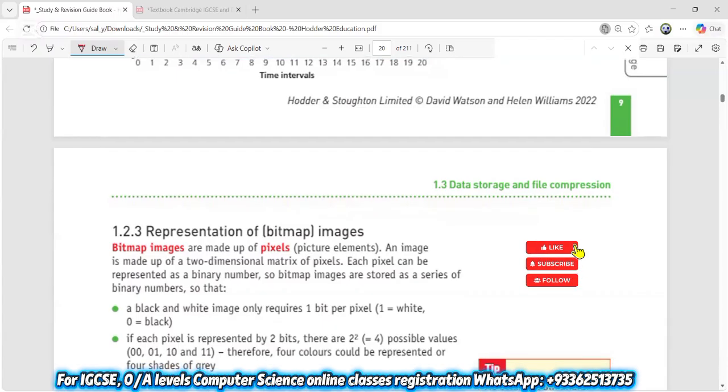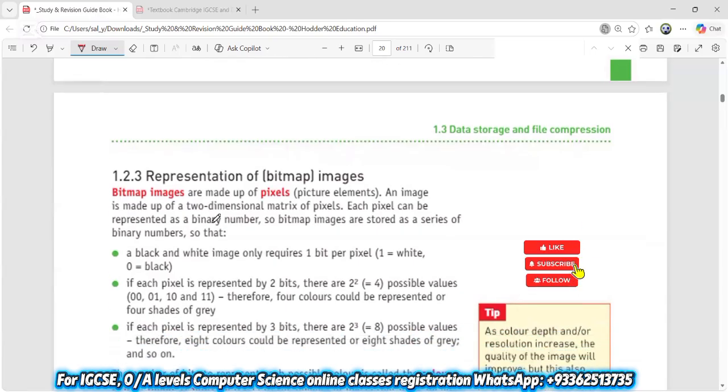Another important thing that you need to know is the number of colors. Very simple. If I say I am using 1 bit per pixel, it means it can support two colors, a 0 or a 1. If I say I'm using 2 bits per pixel, it means it can support four colors. And the formula is so simple: 2 power the number of bits. If it's 2 bits, it means four possible values, 2 power 2.